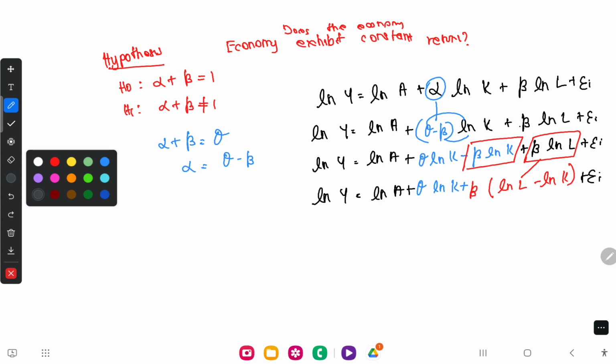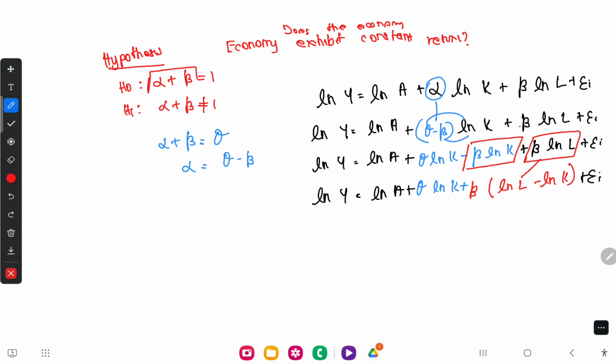After this, we have to apply the hypothesis. We have to transform the hypothesis as well. Same, alpha plus beta is now equal to theta. So we can say our hypothesis as H naught: theta equals 1 and H1: theta is not equal to 1. Then we apply the test statistic where we put the value of theta and the hypothesis value of theta, which is here 1.